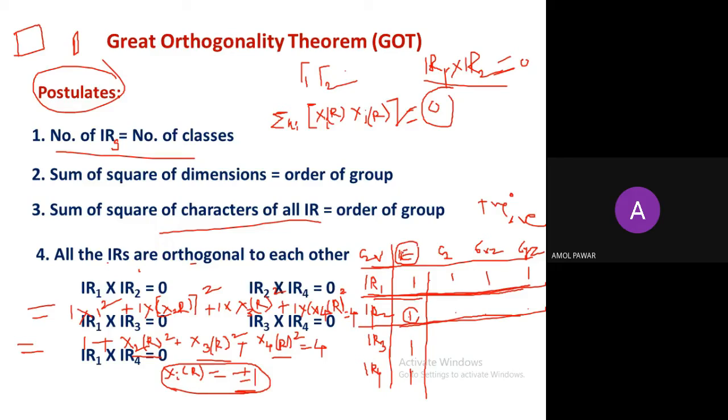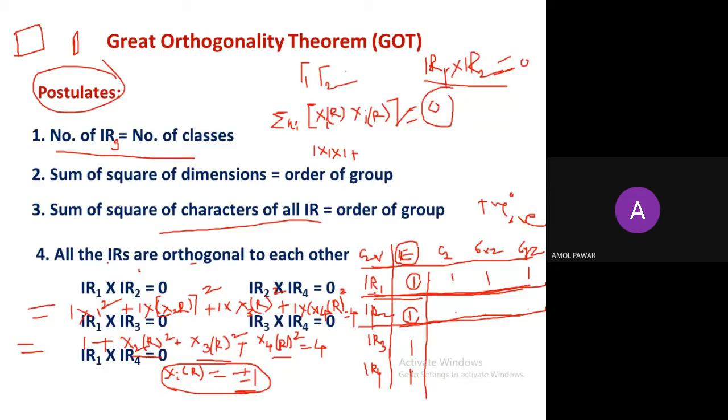Okay. Now for IR1, for this column, the value of E is 1. N value 1 into this 1 into character of second irreducible representation 1, plus. What is the rule? All the irreducible representations are orthogonal to each other.